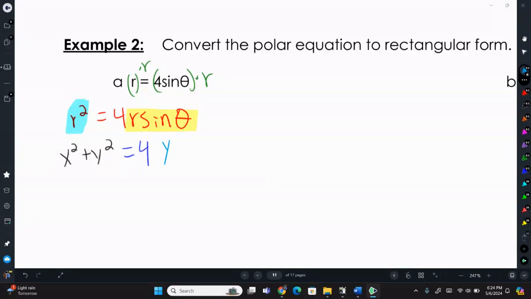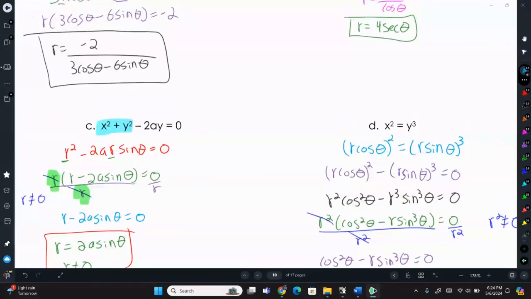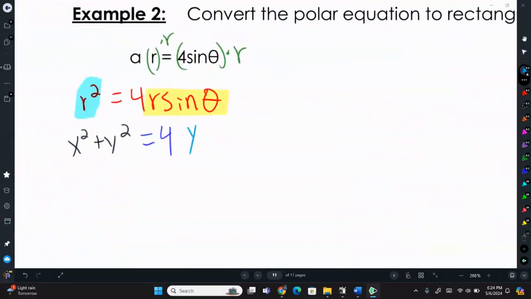So you can leave it like that, but we want these to equal 0 if we can, like up here, how some of them equal 0. If we subtract 4y from both sides, so x squared plus y squared minus 4y equals 0, that's a more precise equation. So if you can, we want to do that.